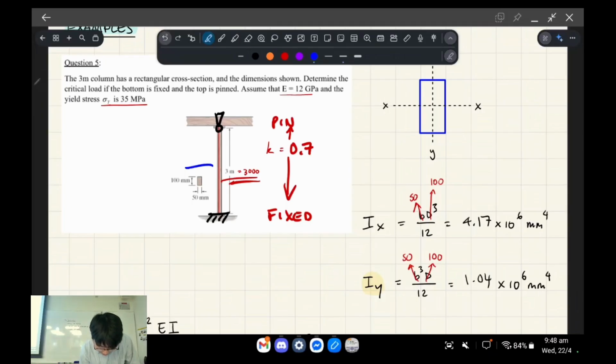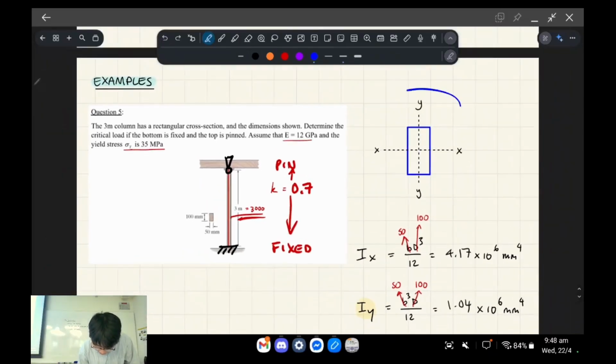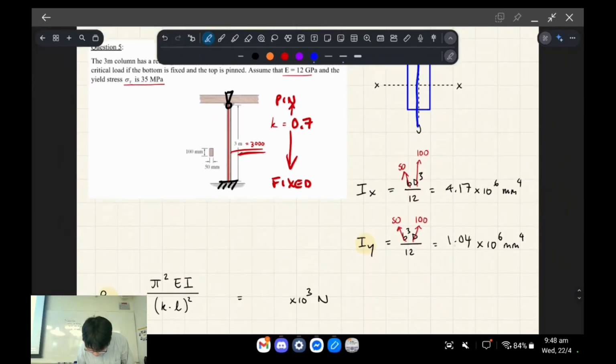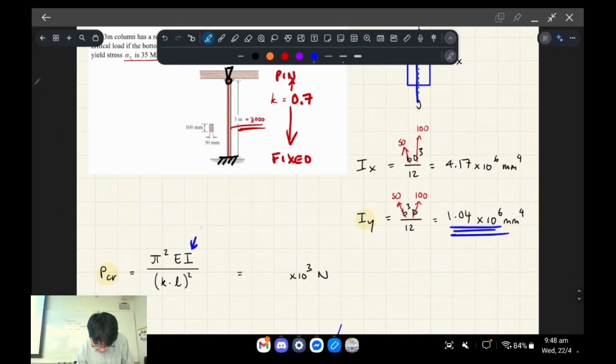So the idea is there's nothing restraining this, right? So we'll always bend about the y axis, similar to this balsa wood like piece, right? It's always going to bend sideways, like how you see it here, right? So therefore, we're going to use the lower moment of inertia because it's going to be the one that fails first, right?